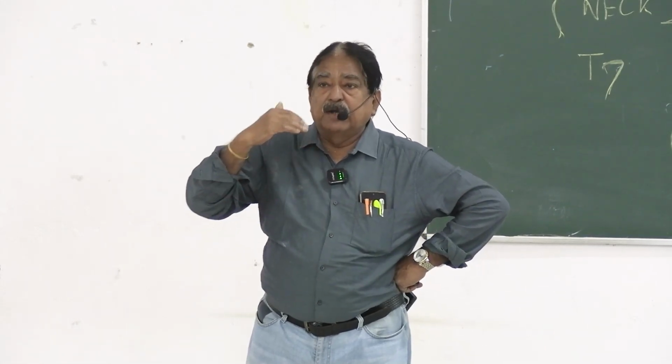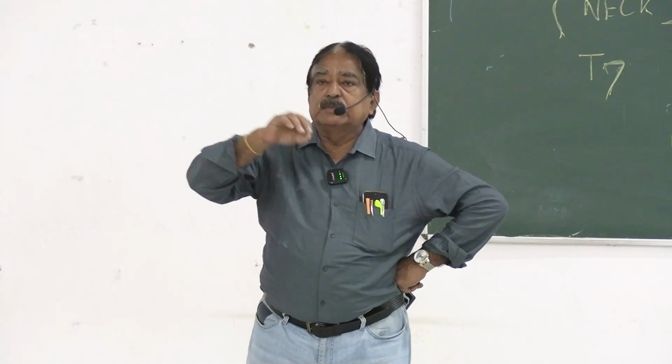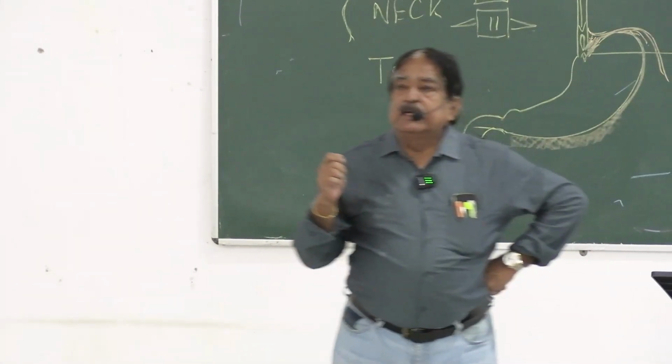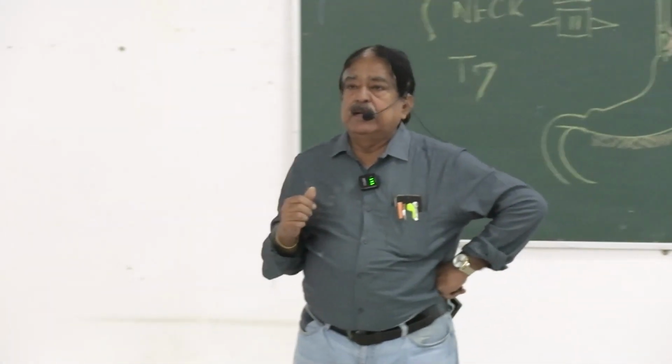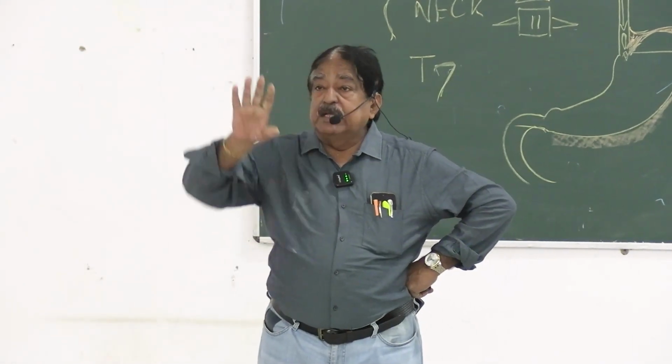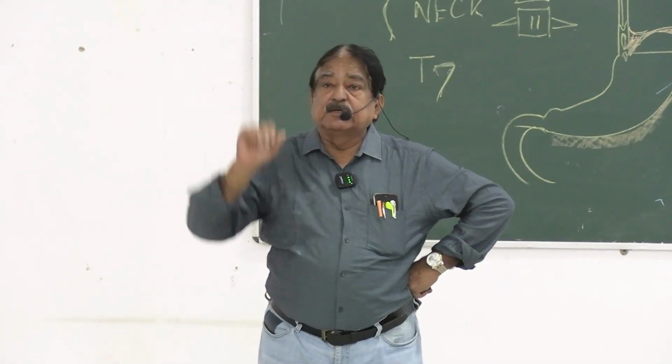Now, by your clinical knowledge and your anatomical knowledge, you have to distinguish. If the patient is having bronchitis or pneumonitis, then you have to go for a chest X-ray, the PA view, to see if there is some infection or not.